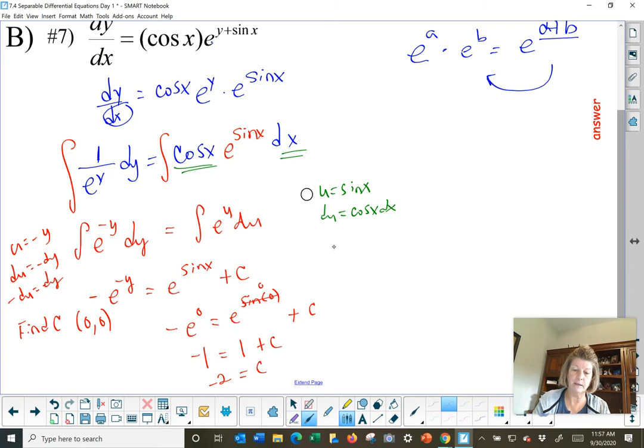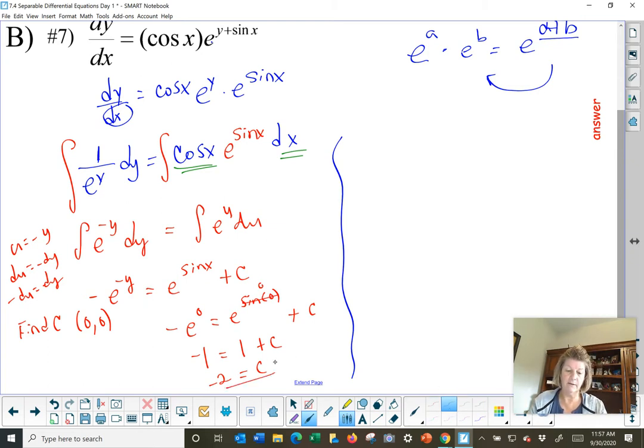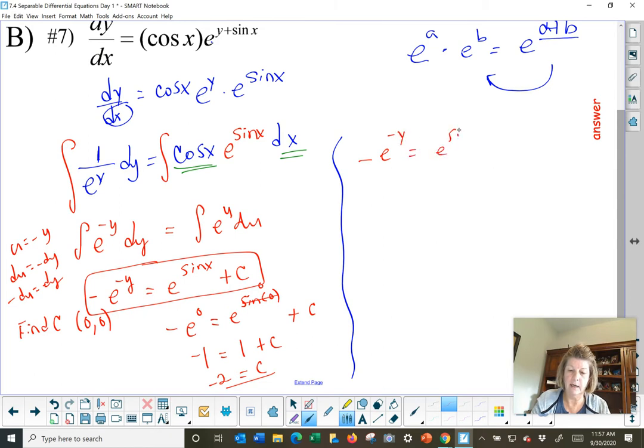I need some space. Then we've got our C value. I'm going to come back to that equation that had my C. So let's go negative e to the negative y equals e to the sine of x minus 2.